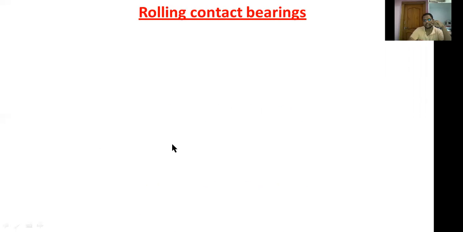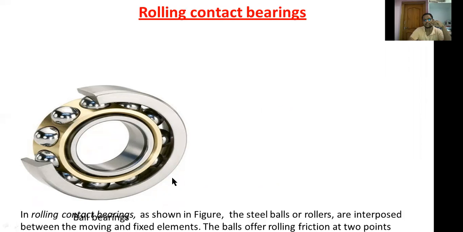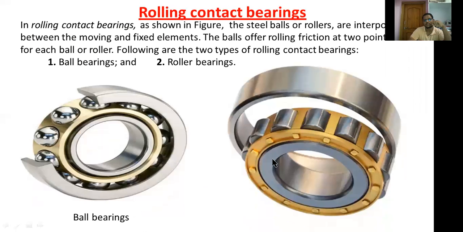Rolling contact bearings. These are examples of rolling contact bearings. This is another example of a rolling contact bearing. In the rolling contact bearings shown here, these are the steel balls or steel rollers.